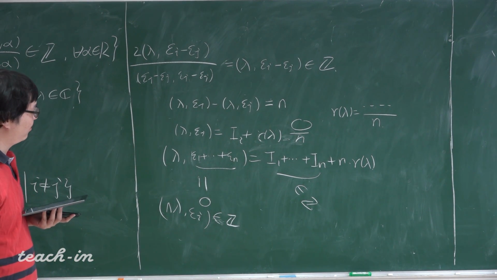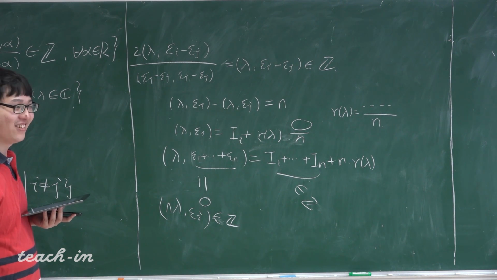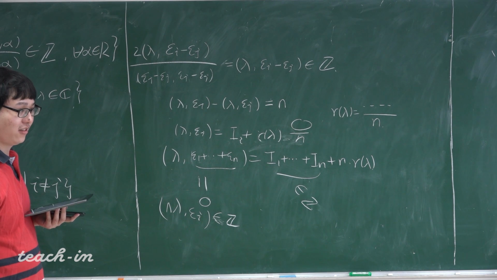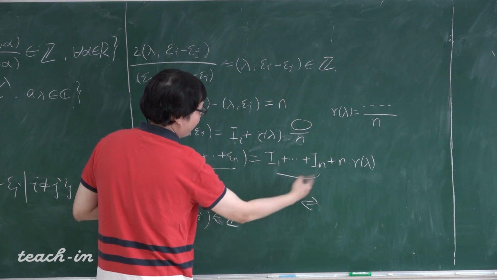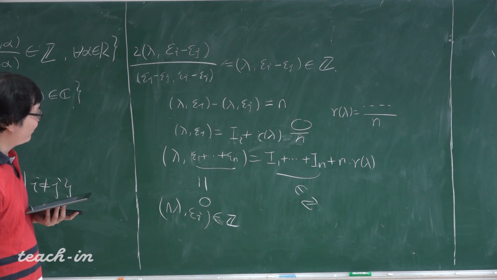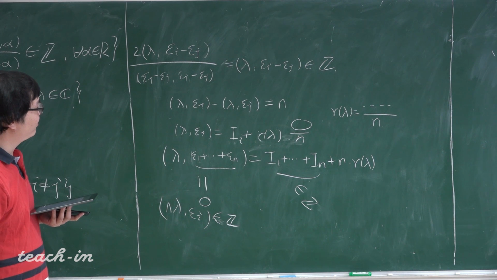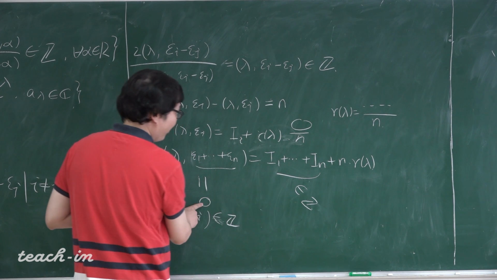So n lambda epsilon I is an integer. Of course. This is an integer and the things above are just this. Can you repeat the part about why it is an integer? So this is 0.